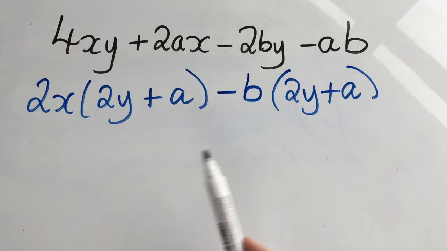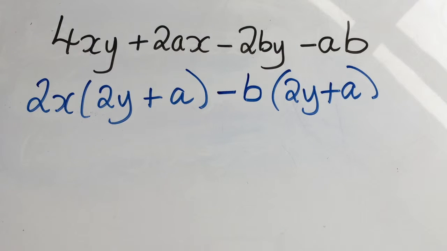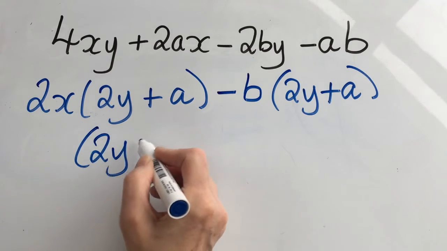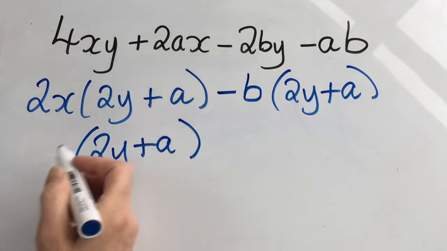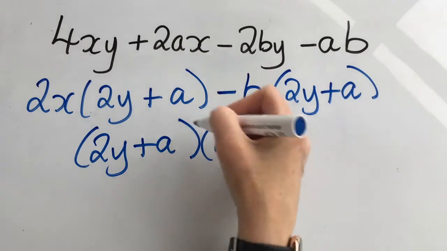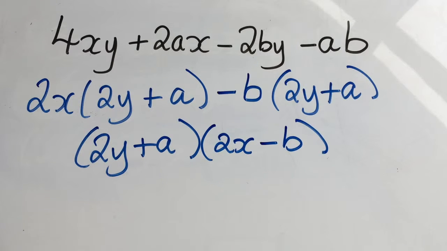Now we can see the importance of writing down that second bracket to be identical to the first bracket. Now that's my common factor, 2y plus a. It goes into this first expression 2x times, and into the second one minus b times. And now it's fully factorised.